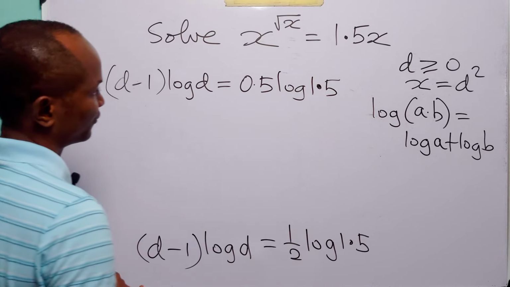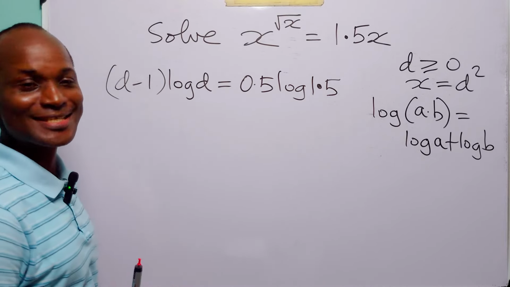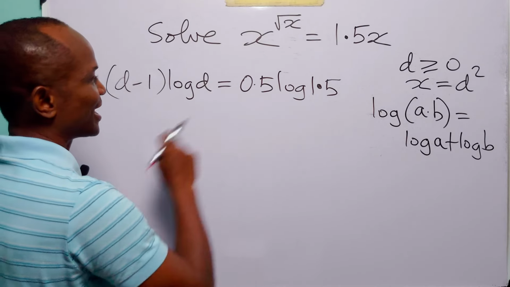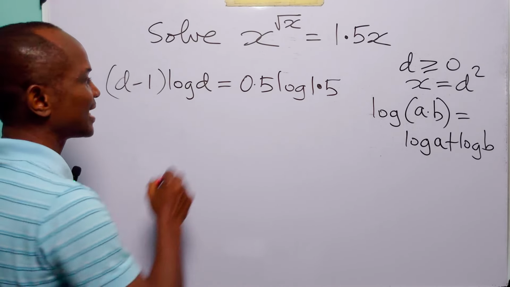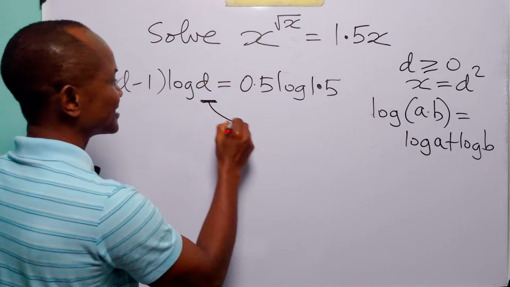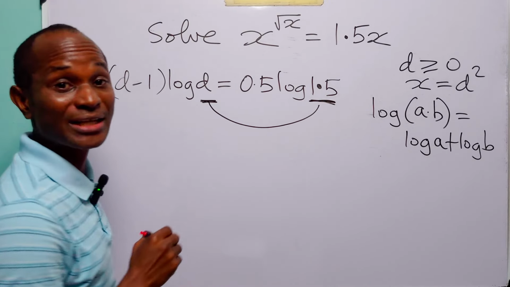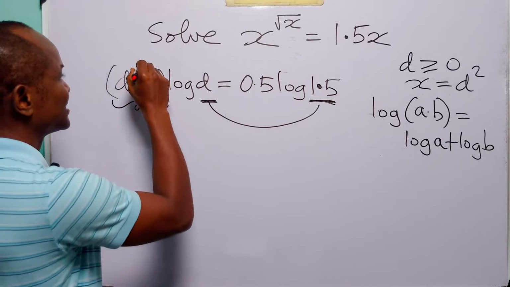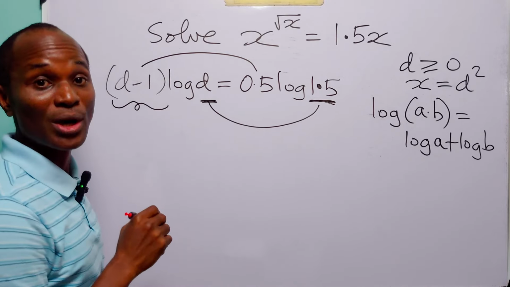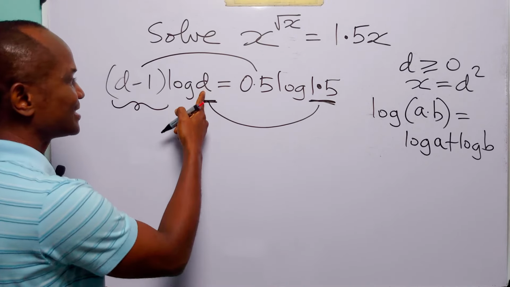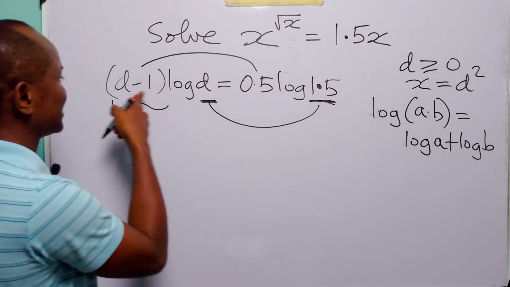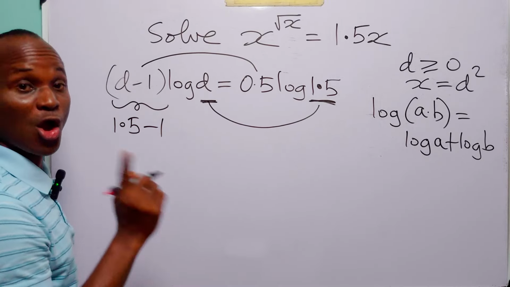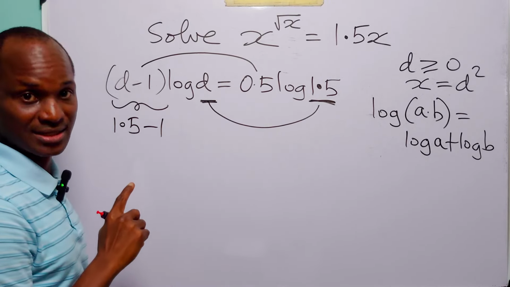1.5. Now let us look at this equation. When we compare the left-hand side to the right-hand side, you will see that when d is equal to 1.5, then d minus 1 is equal to 0.5. Because of course, when d is equal to 1.5, this is going to be 1.5 minus 1, which is equal to 0.5.